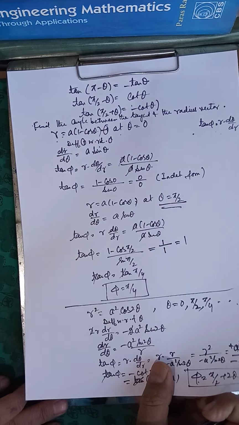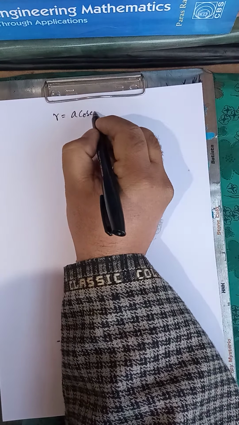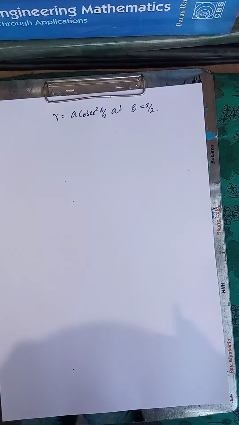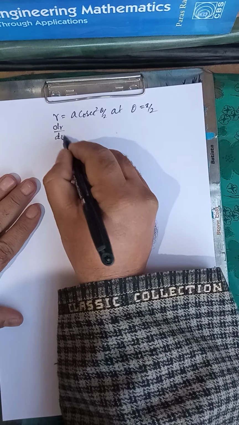Next, let me take a few questions from the book. Here, r equals a cosec square theta by 2 at theta equal to pi by 2. Fine. Let me again find dr by d theta, because I know what tan phi is equal to.